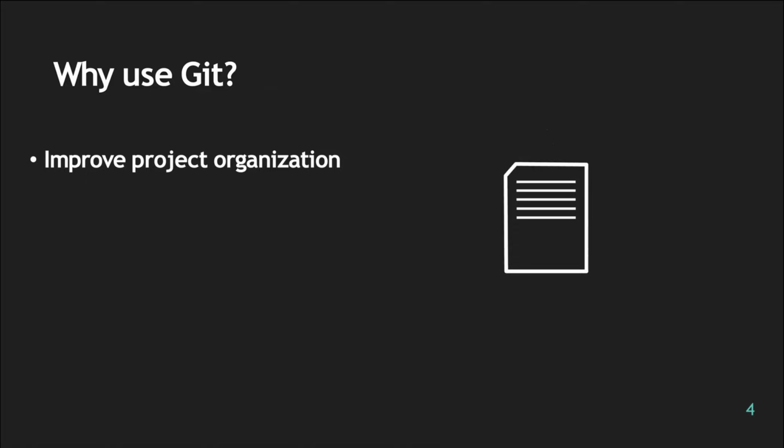Git will help us improve organization there by only showing us the newest one. So we have only one version of our project or one version of our file, and everything else is then tucked away in a database, basically the entire history of versions that we had before, and Git will manage that for us. Also, using Git, we can recall line by line changes. So we can really look at different versions of our documents or scripts and see what was changed and recall why these changes were made and so on.